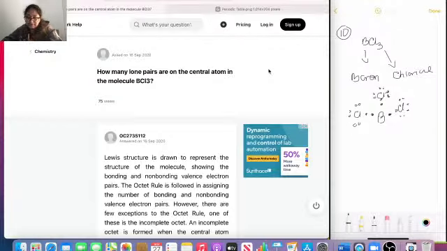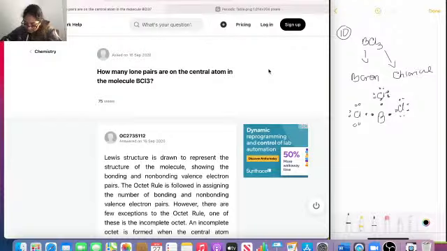So the lone pairs in this case, so boron has 3 valence electrons. Each of them are shared with each of the 3 chlorine atoms. So then chlorine has a full octet basically. So the boron only sharing 3 covalent bonds with 3 chlorine atoms will have 6 electrons in total, right?